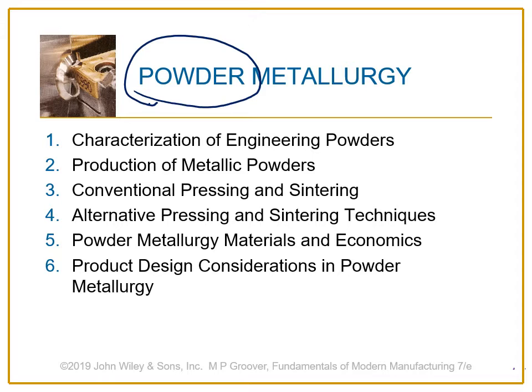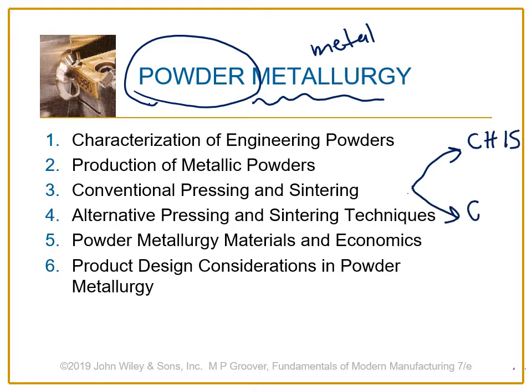Chapter 15, which we will cover today, is about the powder metallurgy. What does metallurgy mean? It is the part of technology and science that is concerned with metal properties, characteristics, and production. So chapter 15 is about the metals.